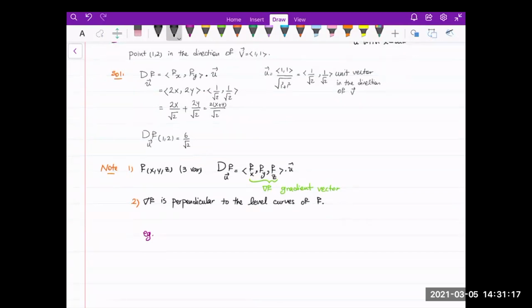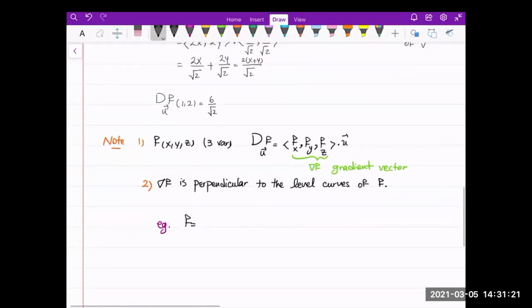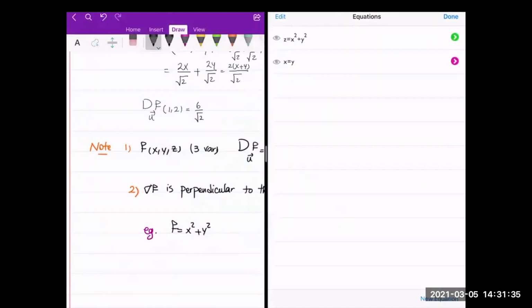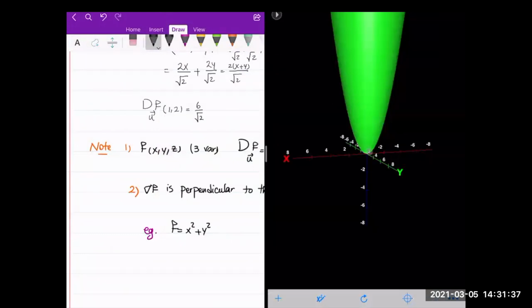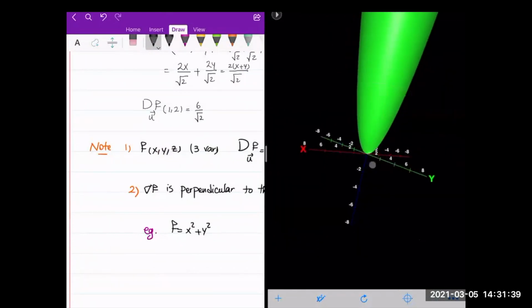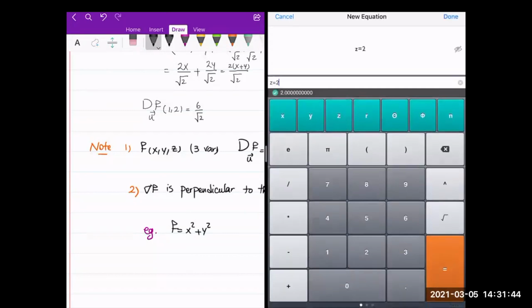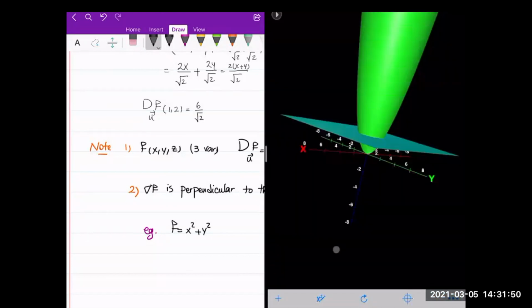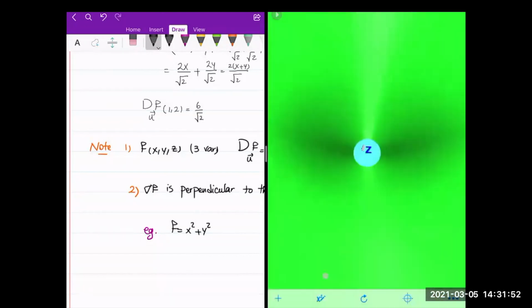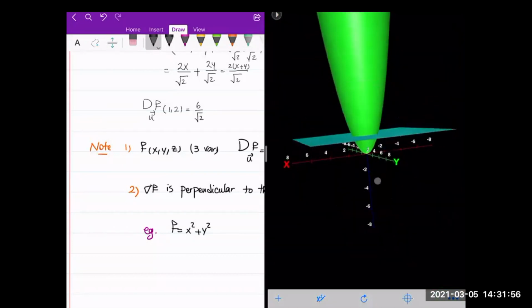So this is the paraboloid, and the level curve is just a circle, right?